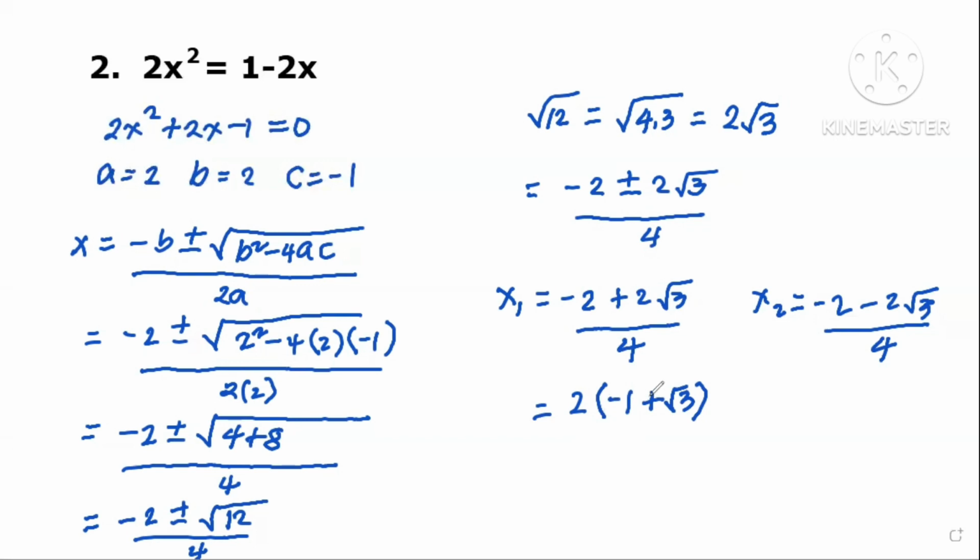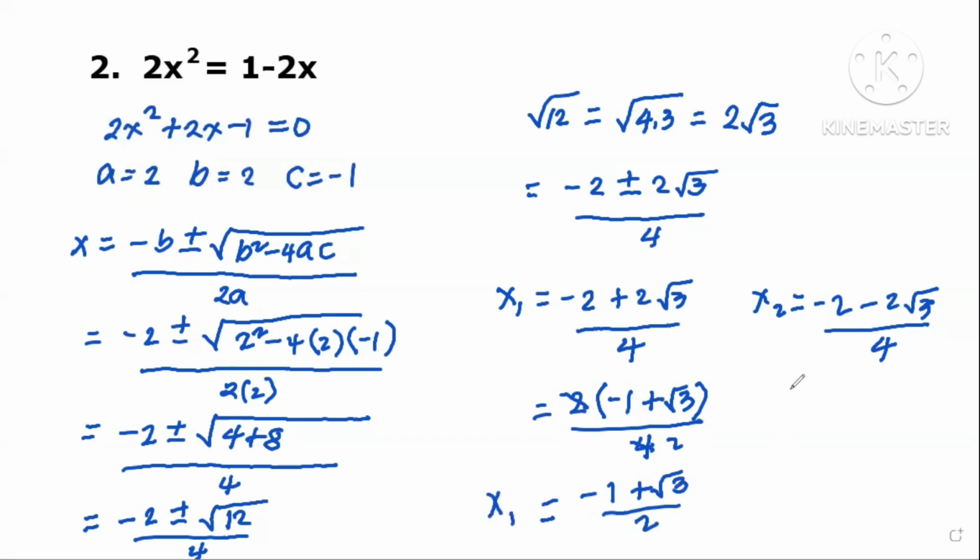Actually, this is the reverse of the distributive property, because if you multiply it, you distribute, you get back to this. Okay? Over 4. And then we can cancel 2 and 4. So, this becomes just 2. So, 1 root is negative 1 plus square root of 3 over 2. So, this is our x of 1.